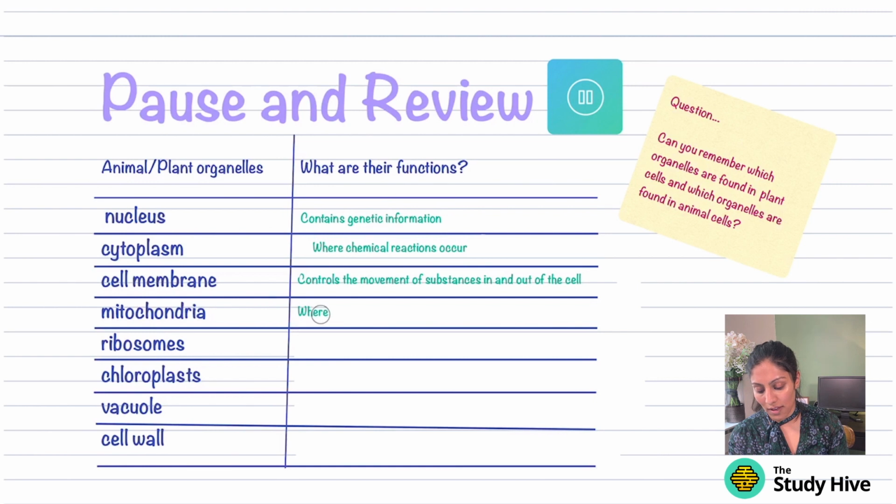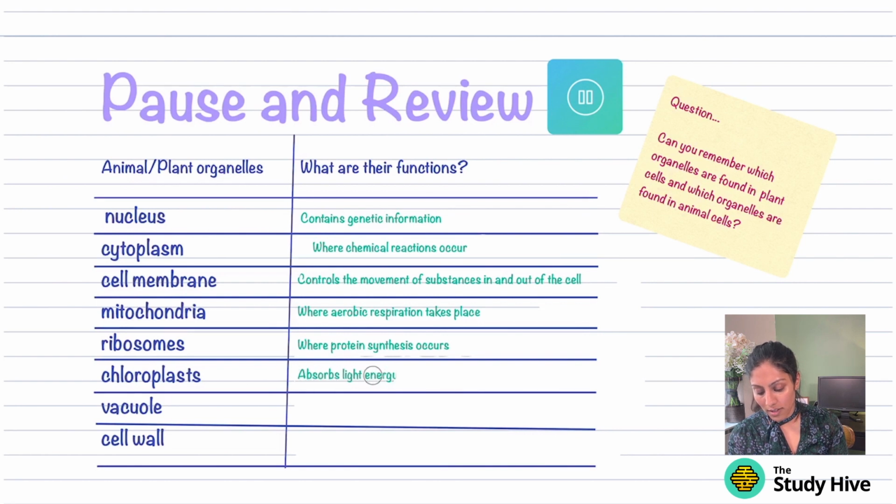Your mitochondria, that factory over there, really important because that's where aerobic respiration takes place. Remember, that's where you release that energy. The energy comes from the mitochondria. And then your ribosomes is where protein synthesis occurs, so where you make your proteins within that cell.